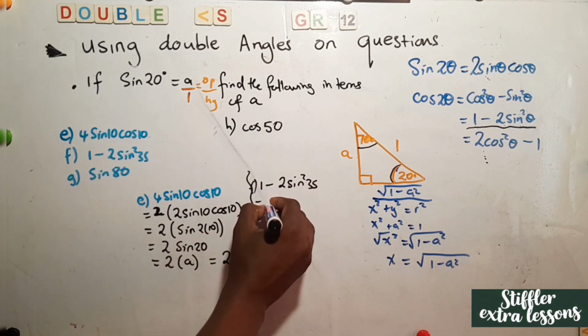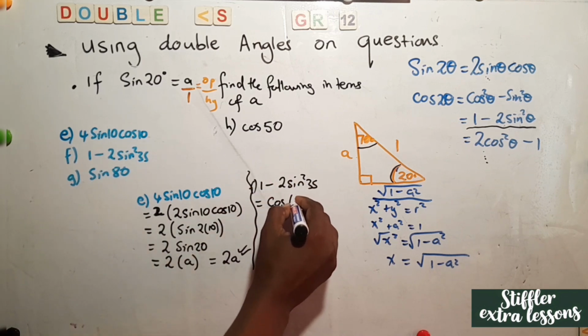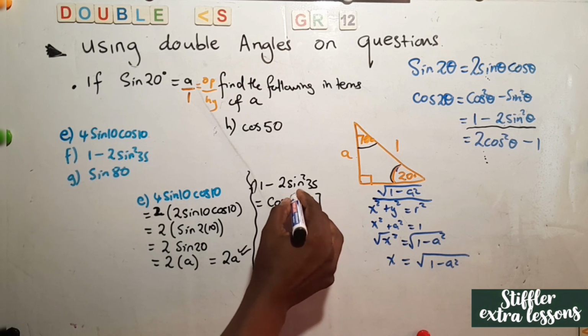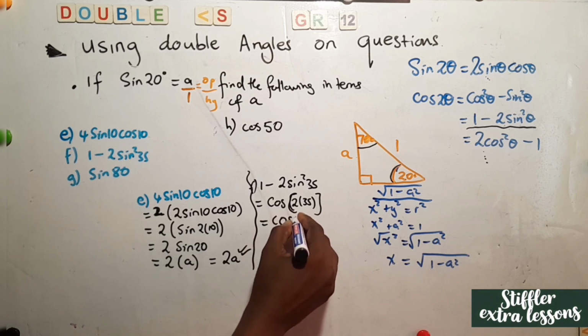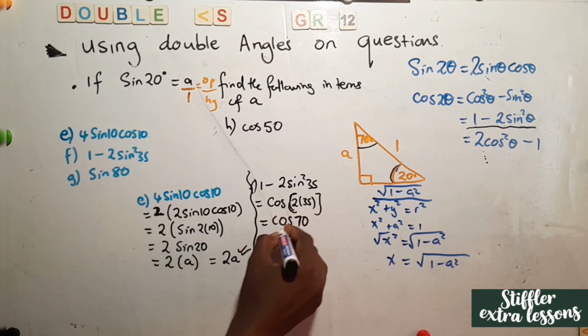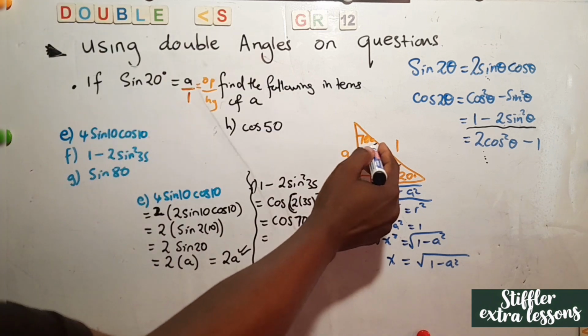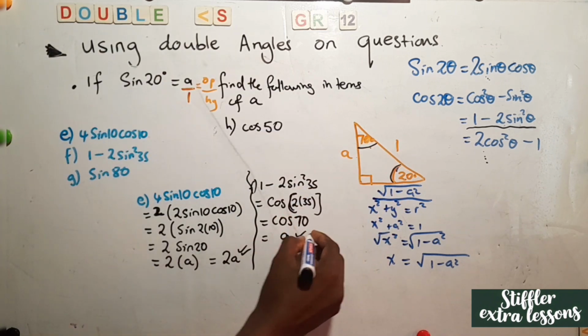So this is equivalent to cos of 2 multiplied by 35. So this is cos of 70, like that. So what is cos of 70? When you say cos, it is adjacent over hypotenuse, so that's just a, like that.